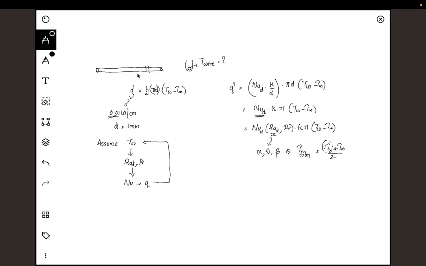If it is not matching, then you'll have to update the value of TW again. You keep doing this till you will find the corresponding temperature at which the properties will match. Like by taking those properties at that temperature will give you the corresponding heat transfer value correctly within whatever your specified tolerance is. Is the approach clear?